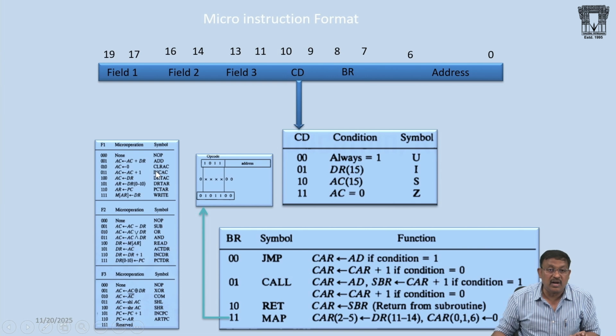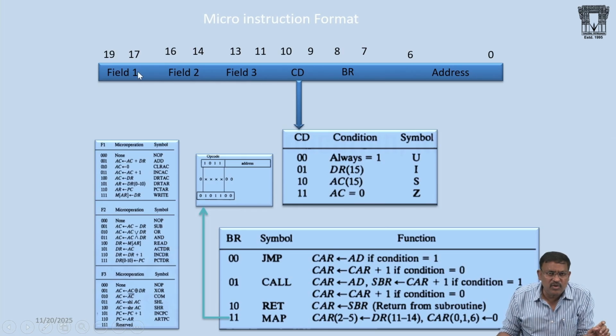Look at this: clear the accumulator, CLR accumulator, increment accumulator, data register to accumulator, data register to address register, PC to AR register, write operation. You have to speak like this: data register to accumulator. These are the micro operations provided by field 1 bits.